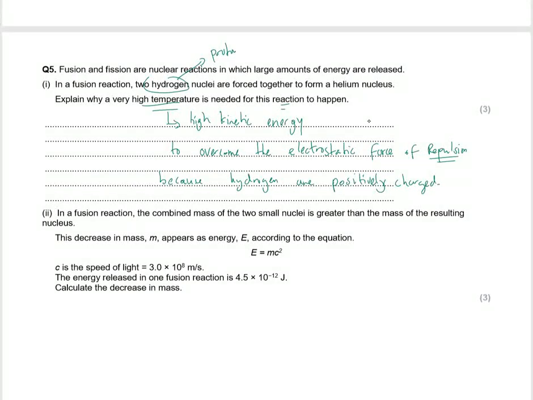Now, if you don't remember the word electrostatic, you can say to overcome the force of repulsion, because hydrogen nuclei have the same charge, they are positively charged. Okay, so 3 marks, 3 things: high energy, that's what temperature said, to overcome the repulsion, and because they are the same charge.